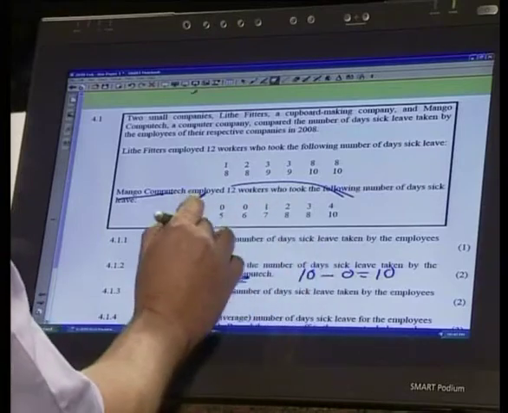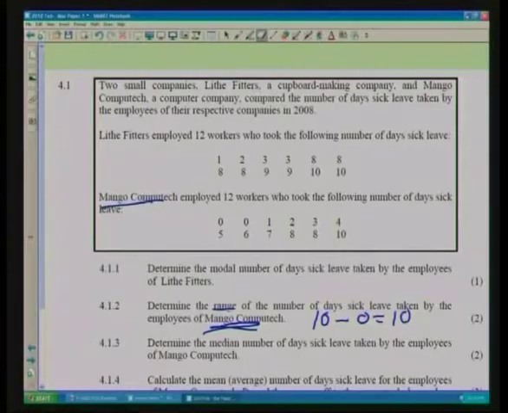So let's have a look at that. Now what I'm going to do here is take these figures and I want them in a row. So I'm going to cheat a little bit and I'm going to say I've got 0, 0, 1, 2, 3, 4 and I'm going to put this set of figures right next to these ones: 5, 6, 7, 8, 8, 10.